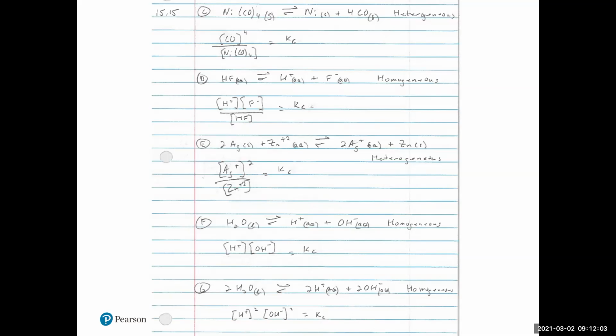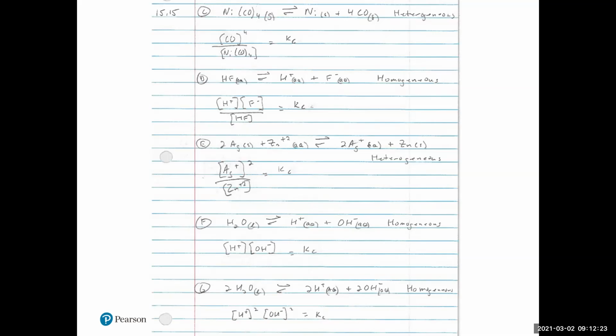Well, I've said over and over that it's products over reactants, but we don't have our zinc product listed. We don't have our silver reactant listed. Why is that? Because they're pure substances.